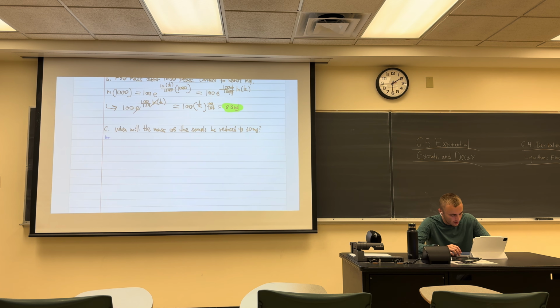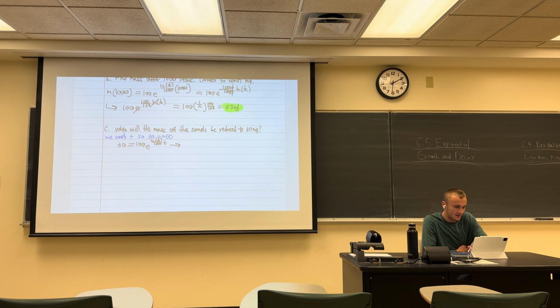So we want t, so 30 equals m of t. We're just replacing m of t with 30, so 30 equals 100 e to the ln of 1/2 over 1590 times t.